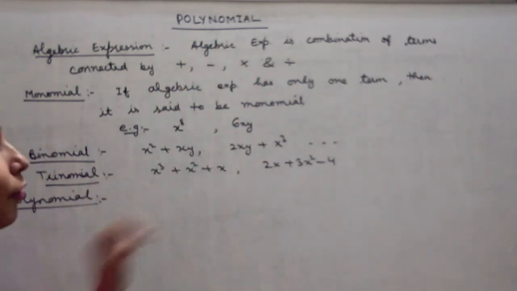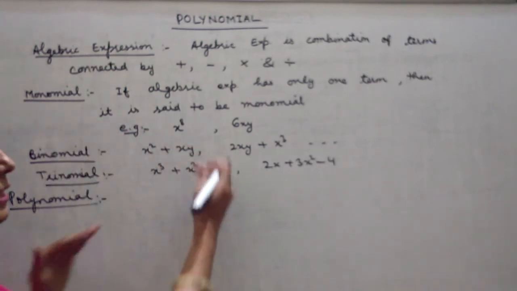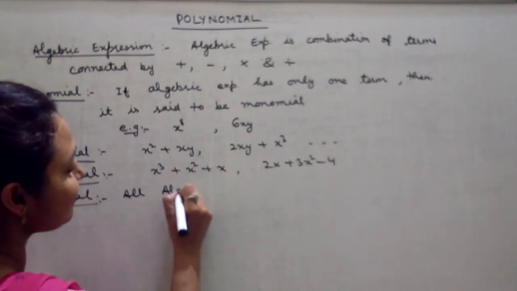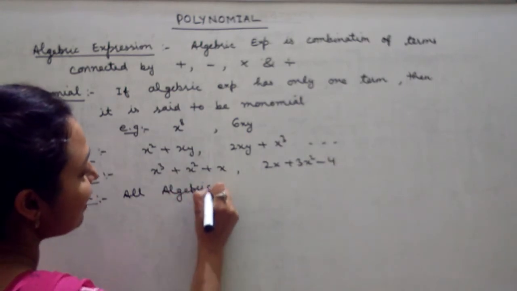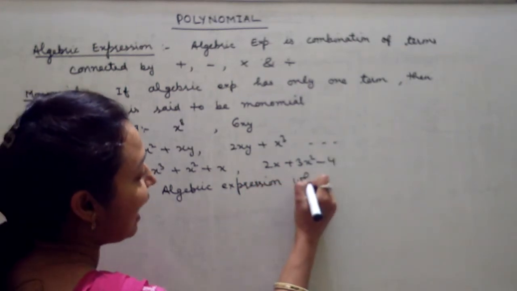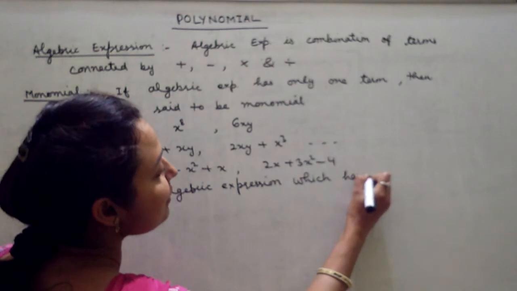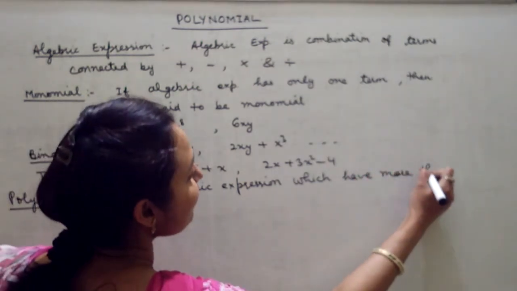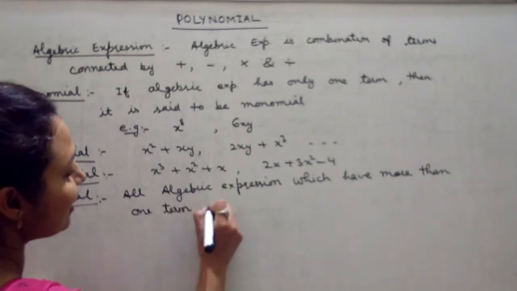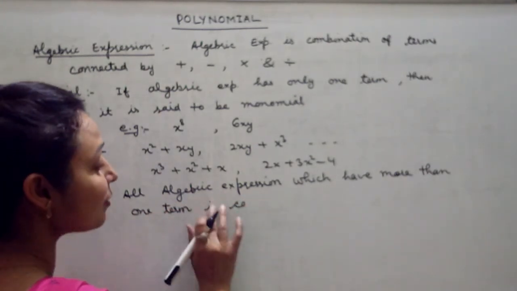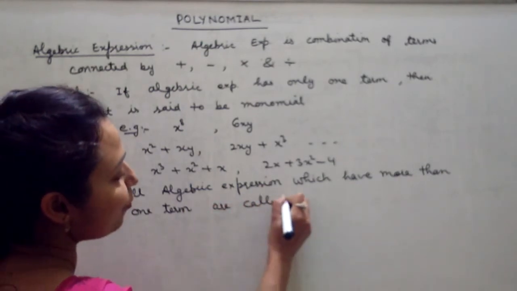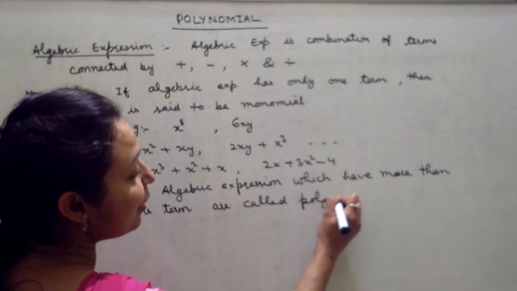All these are called polynomials, but not the monomial. An algebraic expression which has more than one term is called a polynomial.